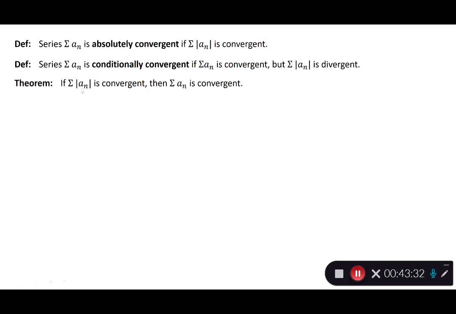The alternating harmonic series was convergent, but the moment you take the absolute value of it, you get the regular harmonic series. The regular harmonic series diverged, but the alternating harmonic series did converge. So you cannot change this.